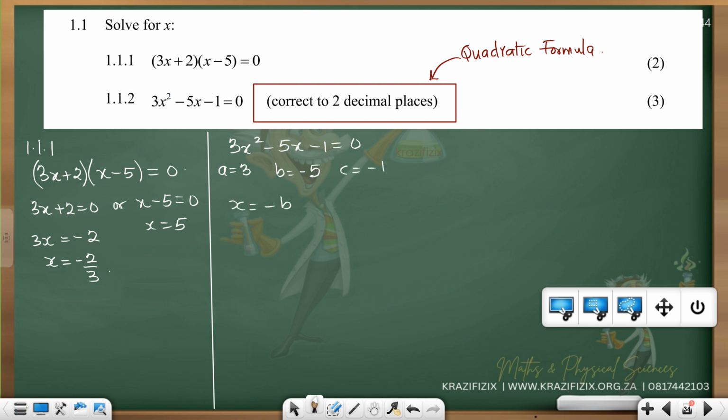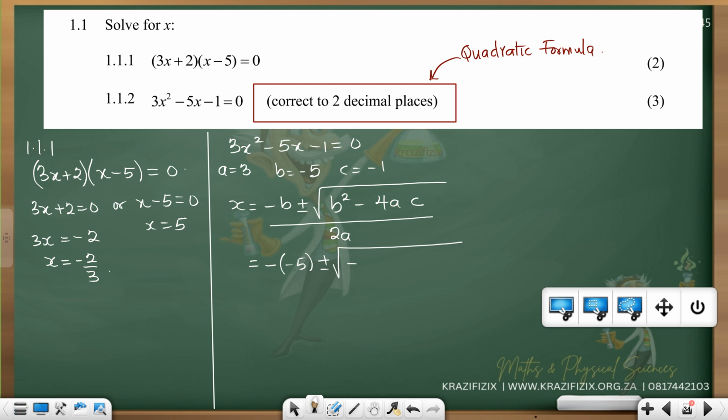Instantly, x equals minus b plus or minus the square root of b squared minus 4ac, over 2a. What is our b? Negative 5 plus or minus the square root of b squared. Please, if you don't use brackets, I told you that answer would be wrong, and we can test it if you don't believe me.